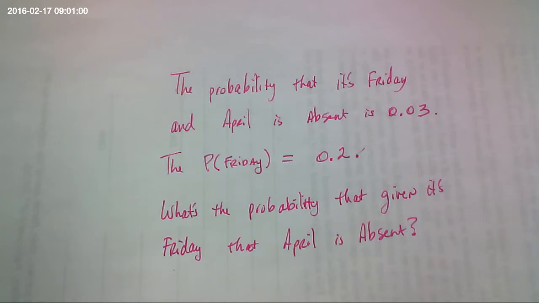Then it gets the probability of Friday and absolute. You have to get whatever it is. That's like the last one.